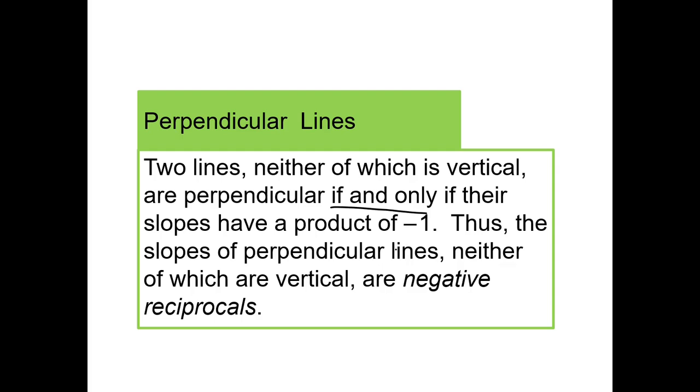Thus, the slopes of perpendicular lines, neither of which are vertical, are negative reciprocals. Essentially, if the slope of the first line is a over b, then the slope of the second line, in order to be perpendicular, must be negative b over a, the negative reciprocal of the other one.